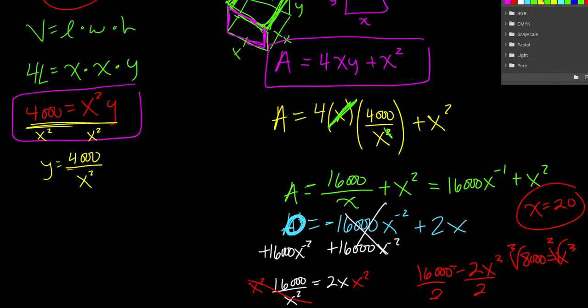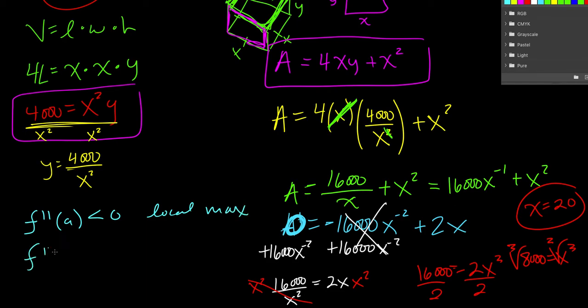Okay, now we need to determine if that's a maxima or minima. And there's something we didn't talk about in the last video, but instead of doing a sign diagram or something like that to determine this, if you go in your book and look at page 352 at the bottom, it states if our second derivative at a specific point is less than 0, then that's a local max.